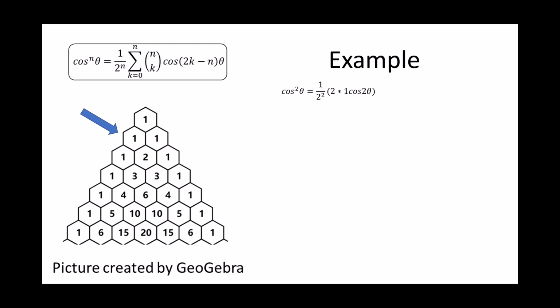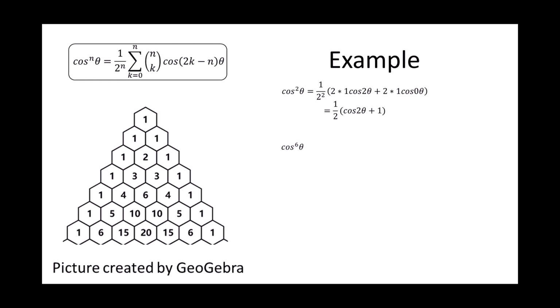The next term is once again 2 times the second binomial coefficient times cosine, but the radian factor is decreased by 2. So all in all, this equals 1/2 cosine 2 theta plus 1, as expected.